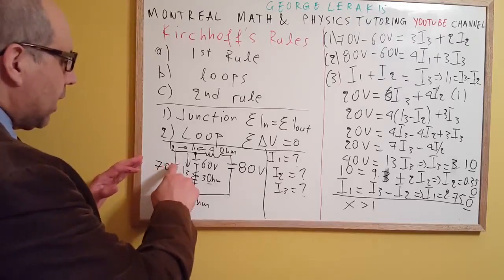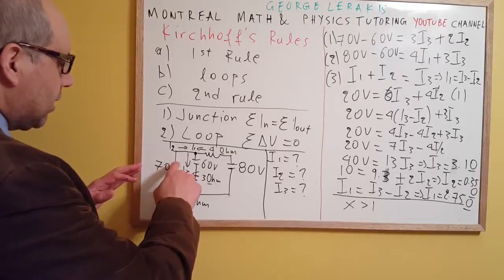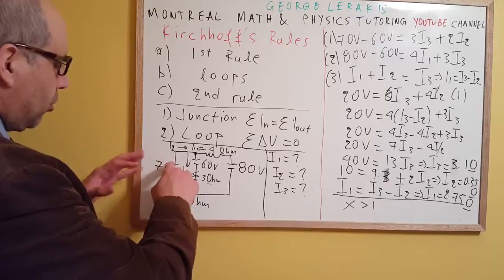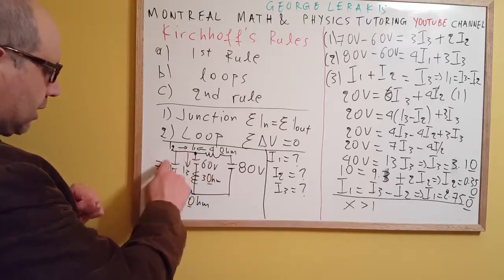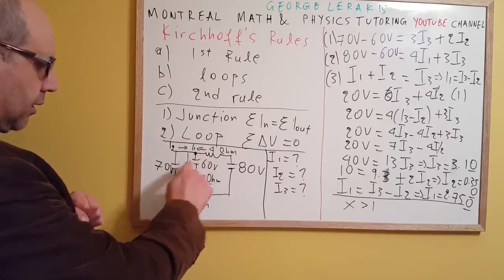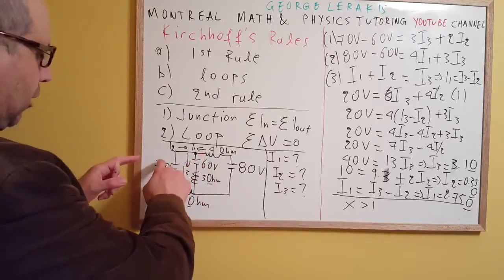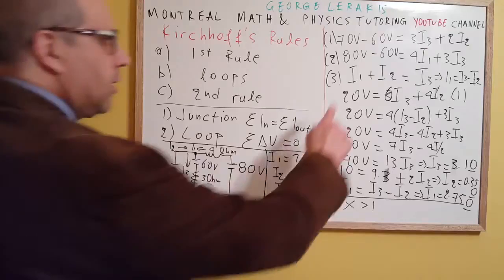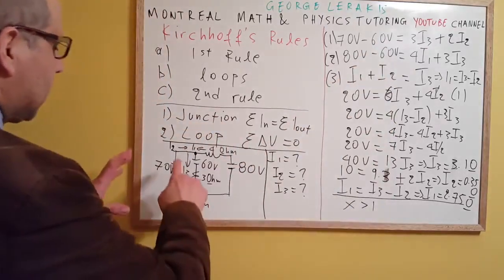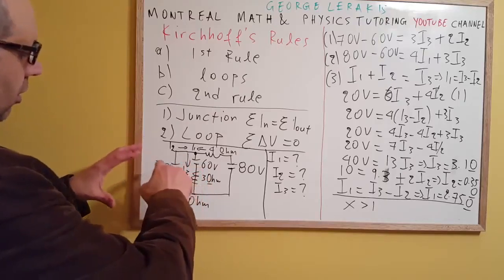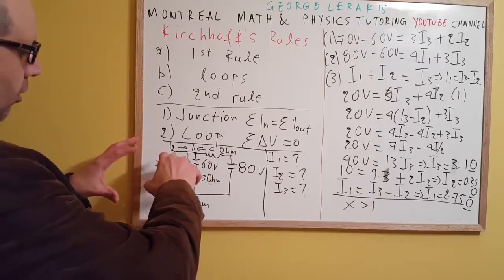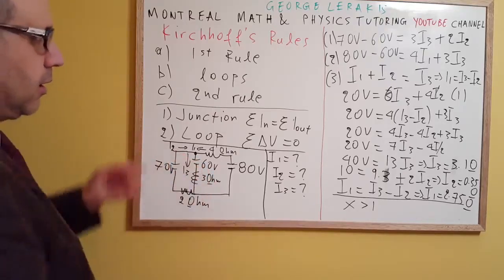Since this voltage goes like this and this goes like this, but this is arithmetically greater than this, I use 70 minus 60, and that means I assume the direction of the loop is like this.